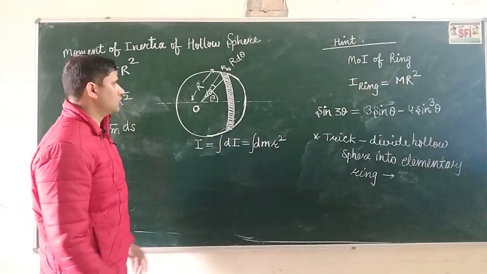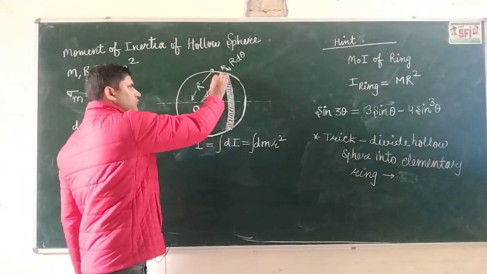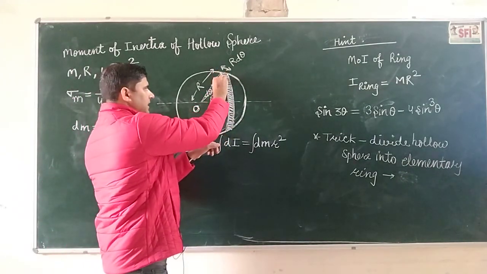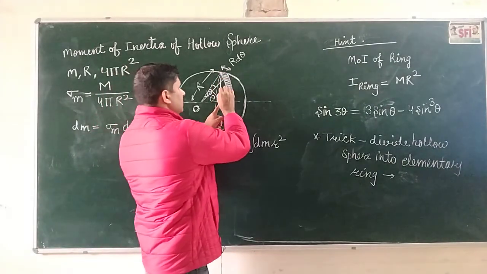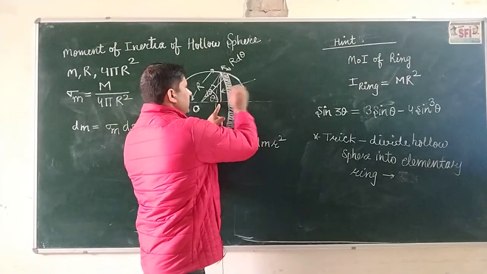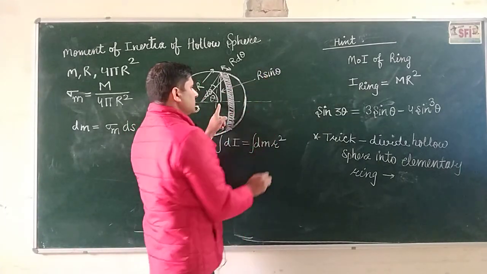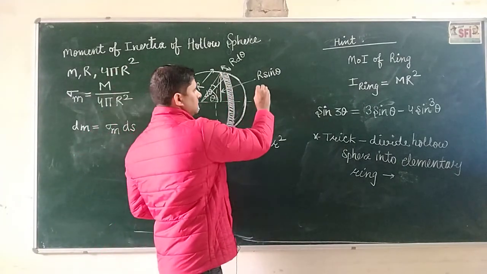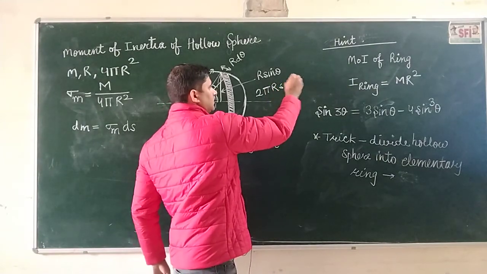Now we are to find the circumference of this elementary ring, and for that you have to find the radius of this ring, and from here you can see the radius will be r sin theta.